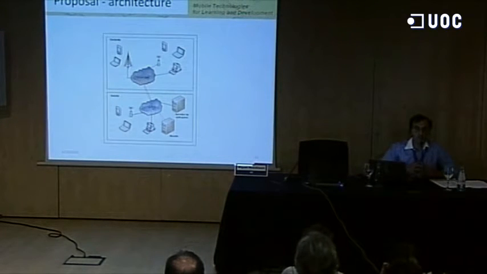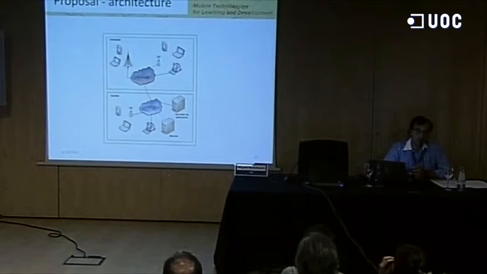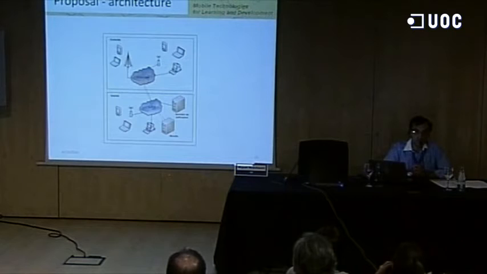Because in this way, you can control if students are inside the campus, for instance, or outside the campus. If they are inside the campus, you can ask them to see a video and answer some questions about this video on mobile devices, and the associated cost is 0. But how can we do this?